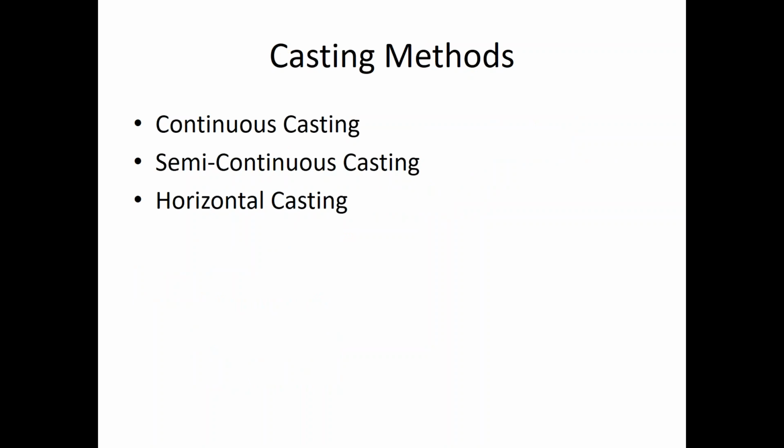Well, let's go through just general casting methods. You have continuous casting, which I illustrated earlier. Very few mills use that. It requires a very large quantity of ongoing orders in one or a few alloys to do that.